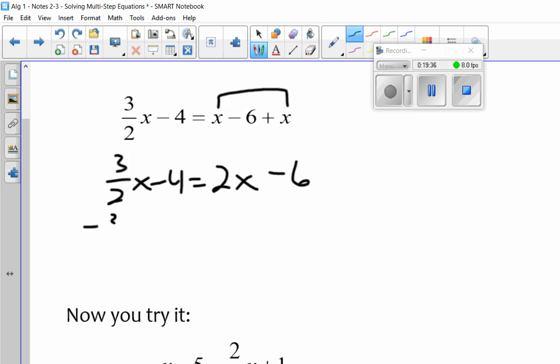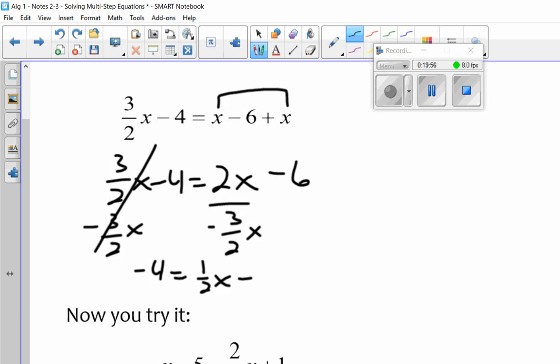So what I'm going to do is subtract 3.5x because I'm going to get a fraction here, and I'd rather have my fraction be positive. So these are going to go away. I get negative 4 equals, and then 2x minus 3.5x is 1/2 x, and it's still at negative 6.